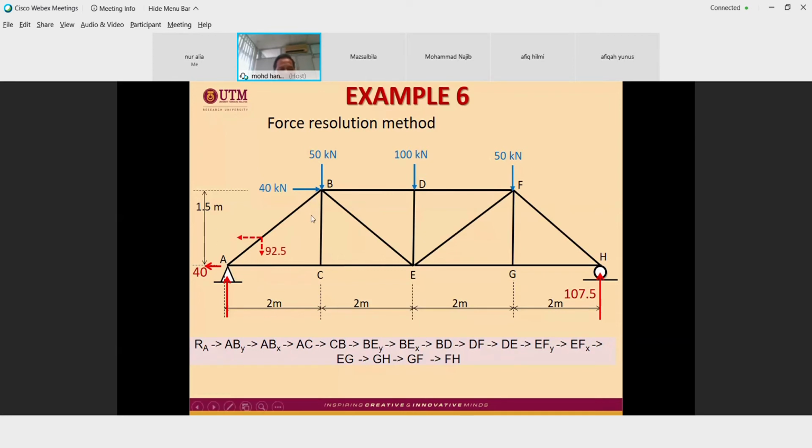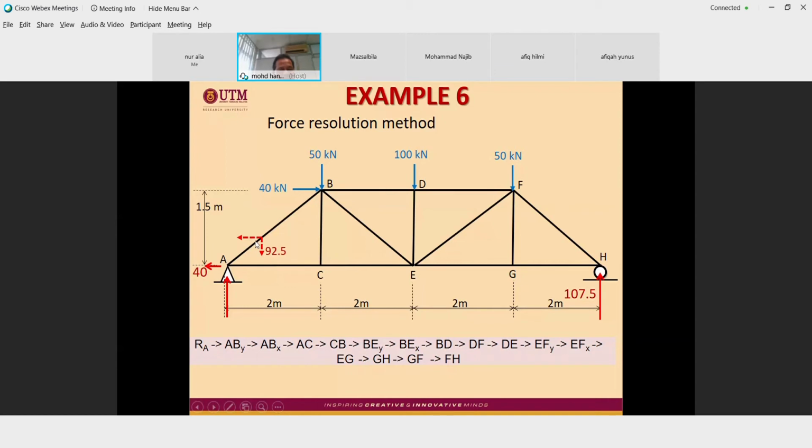What is 92.5? 92.5 is the reaction. When it is 92.5, what is the horizontal component? We know that the resultant of these two rectangular components should be collinear with this member.